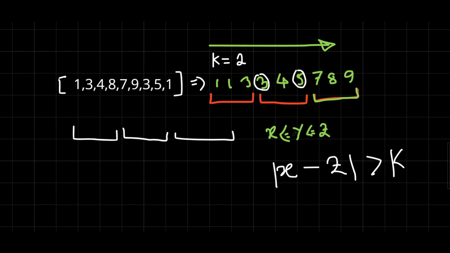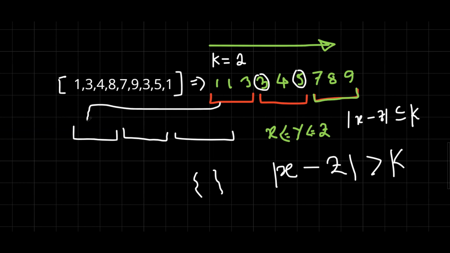So in this case, we have to return an empty list. Otherwise, if this condition is not true, that means the difference of x and z is always less than or equal to k, and in this situation we simply insert the corresponding subarray into the resultant array.